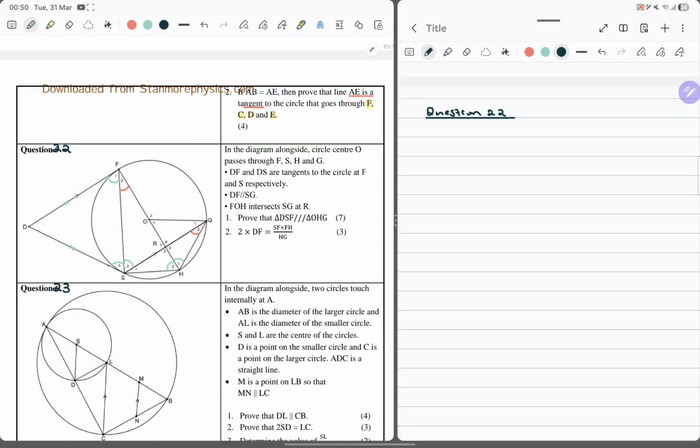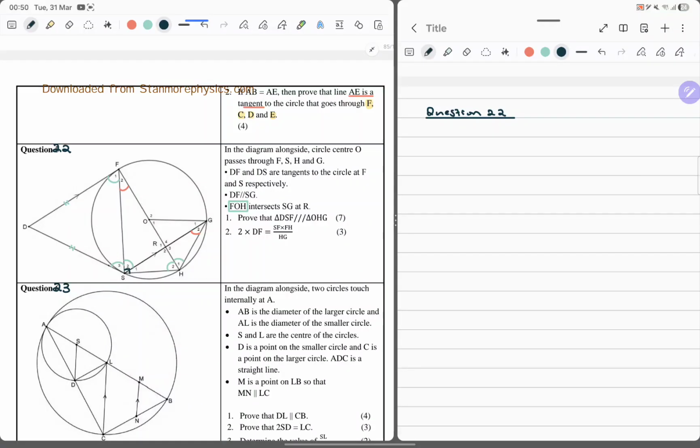Okay, it says now FOH intersects SG at R. So this is to suggest that this is a diameter. Because once we name it like this, we mean it. It's a straight line. So if this is a straight line, there's an additional thing: we know that this angle is going to be a right angle.